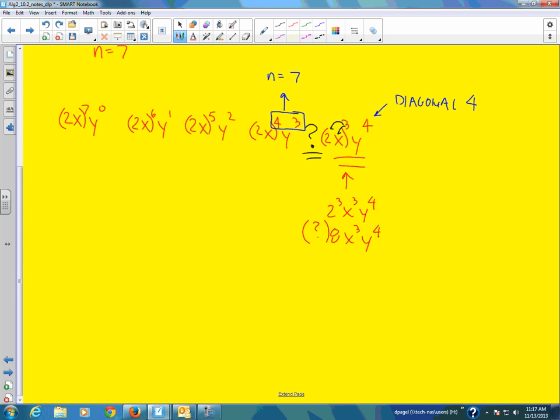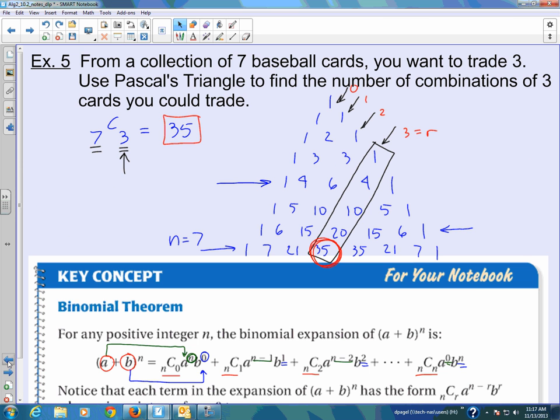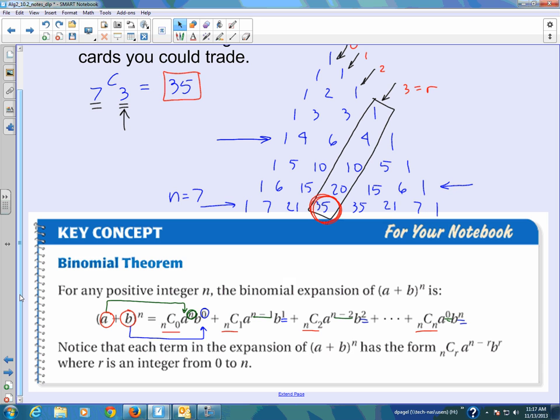So all we need to do to find this is to go look at the appropriate diagonal and row of Pascal's triangle. So we're going to go look in row 7 at diagonal 4. I'm going to go backwards here to find our Pascal's triangle. Here we are. All right, here's Pascal's triangle, row 7. There we are, row 7.